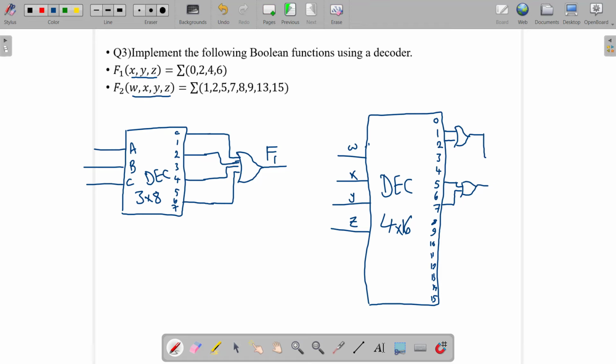Again, these two can be ORed together. 7, 8 and 9 can be ORed together. 13 and 15 can be ORed together.